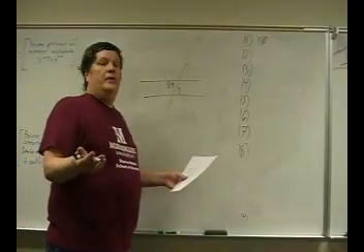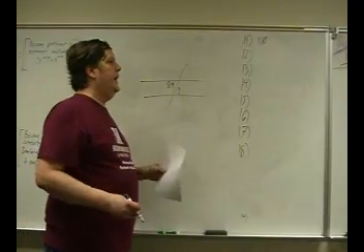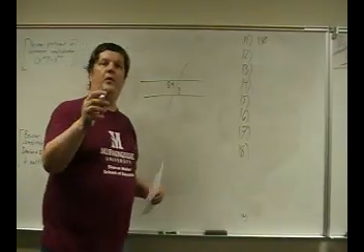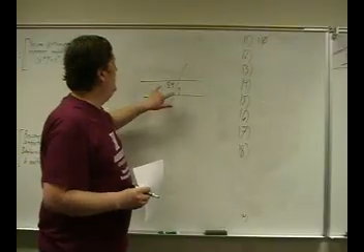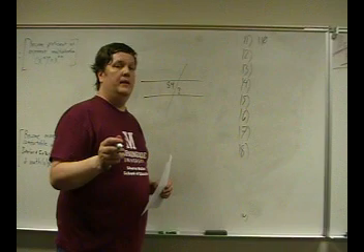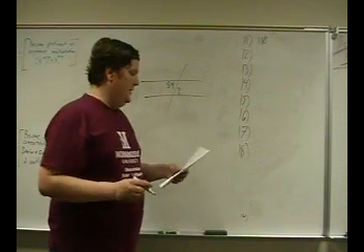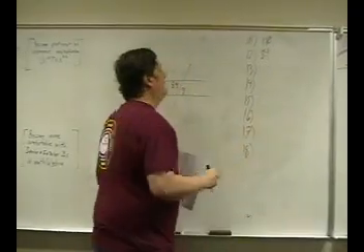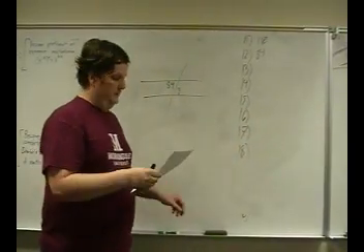That makes them alternate interior angles, and because they're parallel lines, I know that they are congruent. So the missing angle is going to be 84 as well.